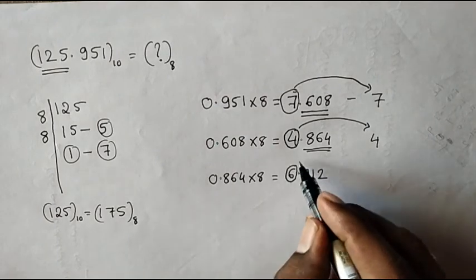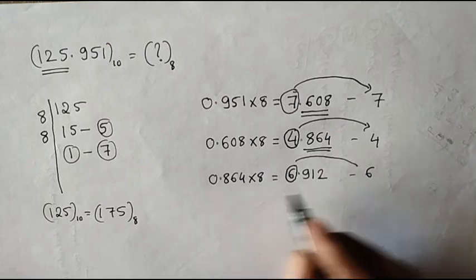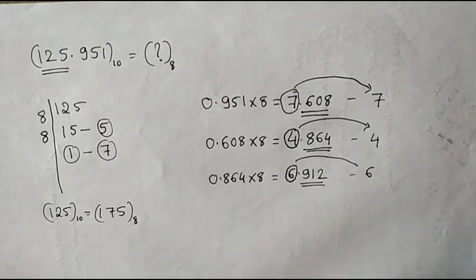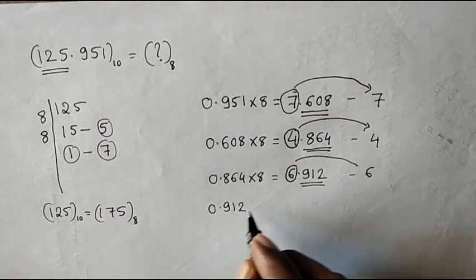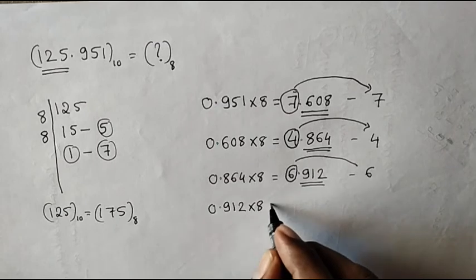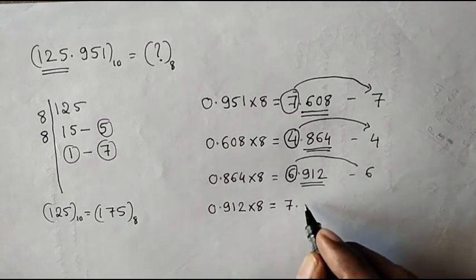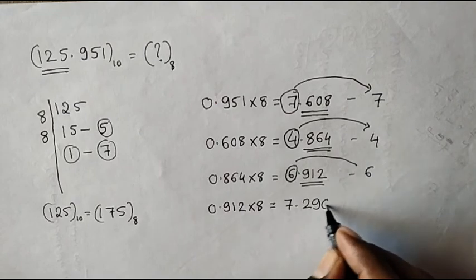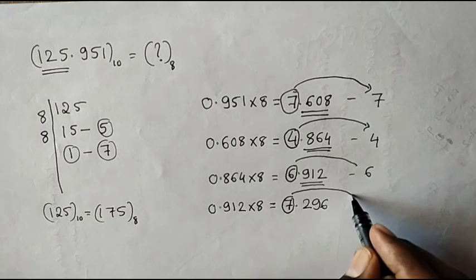Take this number, that is 6. Now again multiply 0.912 by 8, which is equal to 7.296. That is, the integer part is 7.